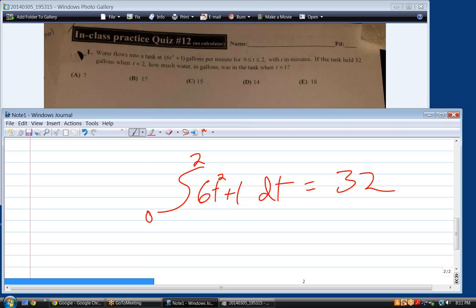And if that were the answer, why would they tell us that it held 32 gallons when T is 2? Could this be, hold on a moment, T is between 0 and 2, T in minutes.